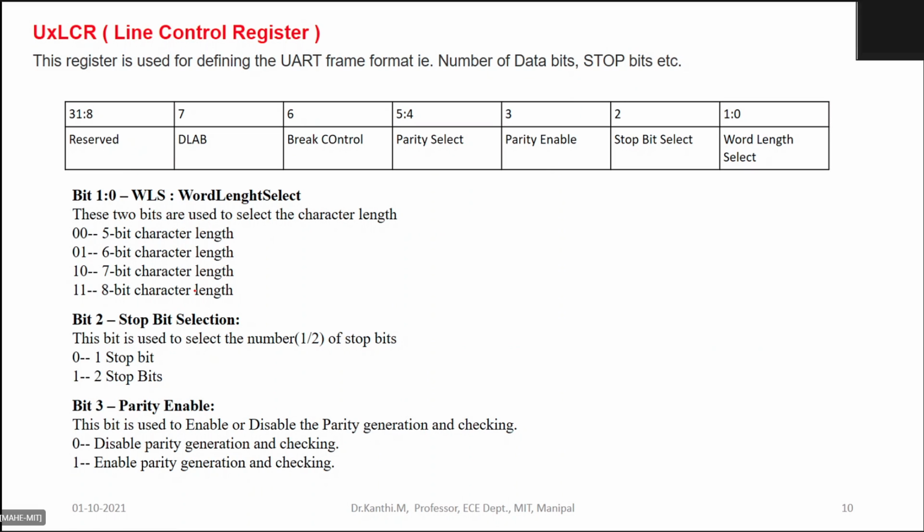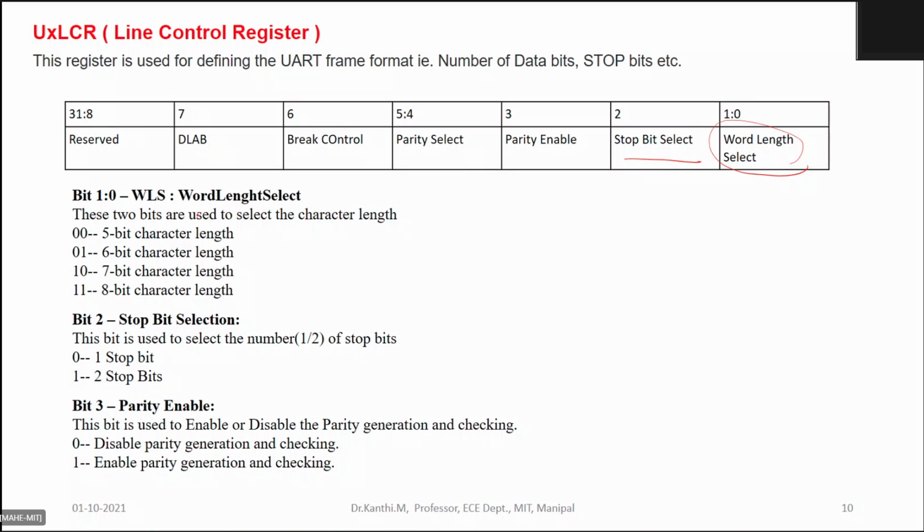The next register is the line control register, which is very important because through it you will be setting the frame format of the data. The bit fields are shown here. The least significant bits decide the word length, then the number of stop bits.